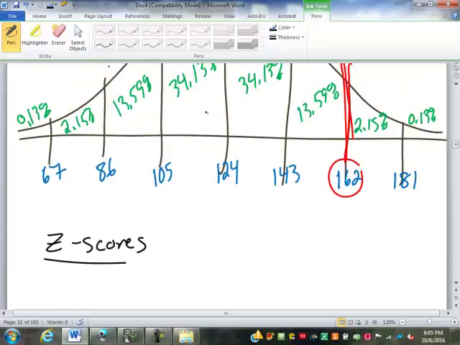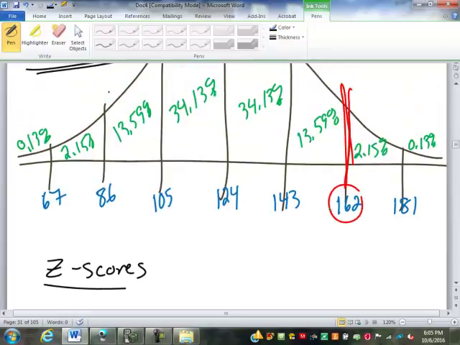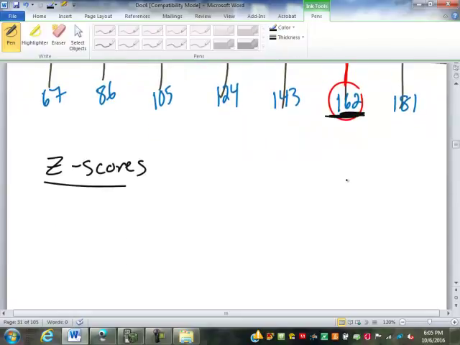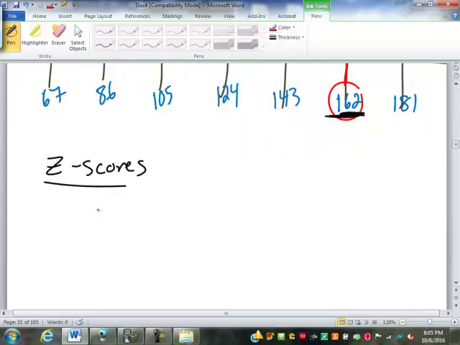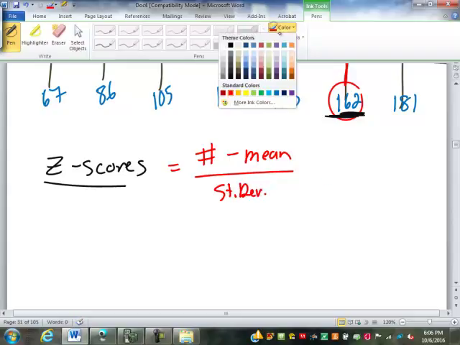And it's very similar to what we were doing up here. In fact, the house that we were looking at there, it's Z-score. The Z-score of an object is equal to the number minus the mean of the population it's coming from, divided by the standard deviation of the population it's coming from.